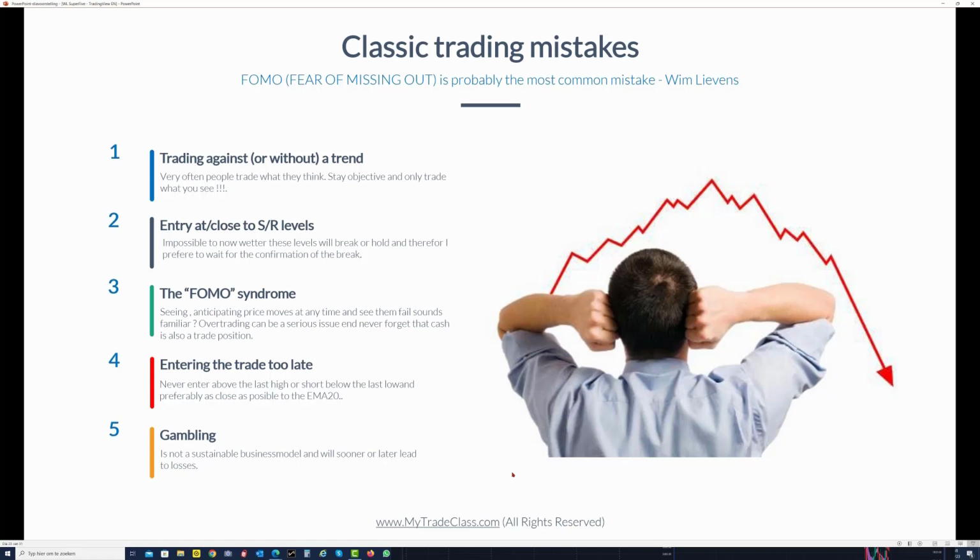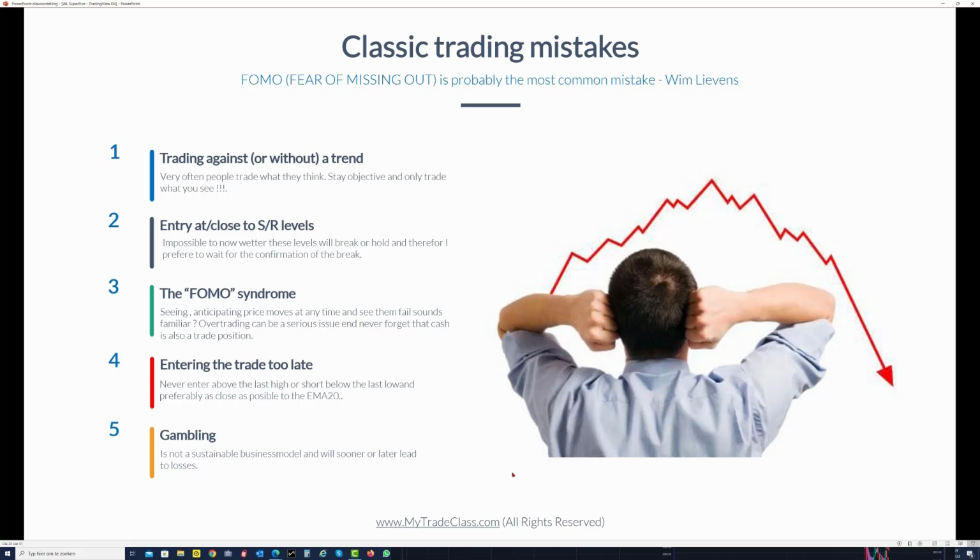You can have the best trading system in the world, but if you are trading when market conditions are not there, it's just not going to happen. It's the same as when you're a very good sailor. You can be the best sailor in the world, but if there's no wind, you can forget it. It's just not going to happen.